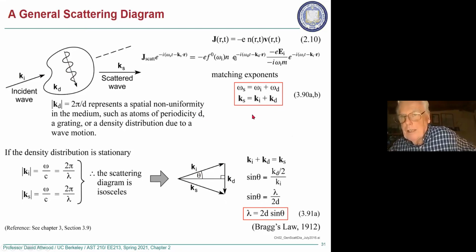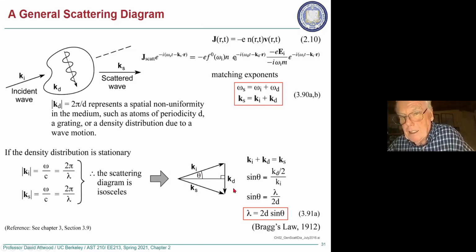And I'll just show you that in the case of a crystal, the crystal planes are not moving. They may have a little vibration, but let's leave that aside for the moment. Then omega S equals omega I. Omega S and omega I are equal. That means the wave vectors have the same magnitude. If they both have the same frequency and they're propagating in vacuum, they must have the same magnitude. So this is an isosceles triangle.